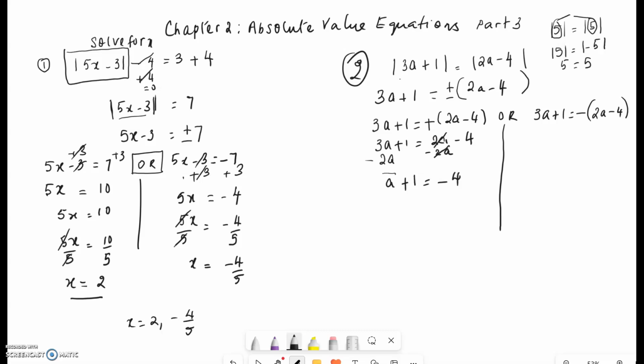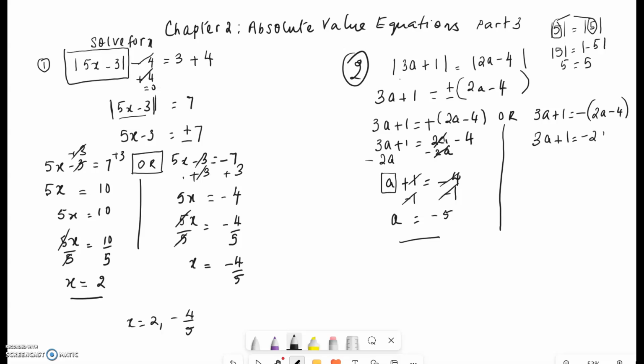We are trying to solve for a, so we subtract the 1 on both sides. So a is equal to negative 4 minus 1, which is equal to negative 5. So one of the values of a is equal to negative 5.